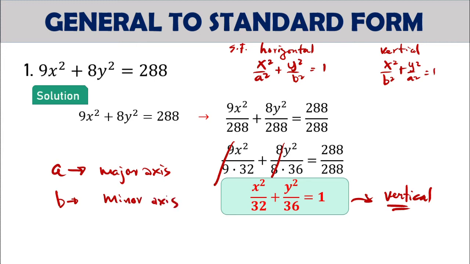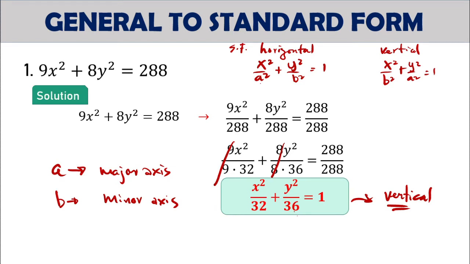So if horizontal, the major axis is along x. If vertical, the major axis is vertical. The major axis is much longer than the minor axis. So this is vertical. By the way, in the question, we do not need to identify whether it is vertical or horizontal. I just gave additional information.